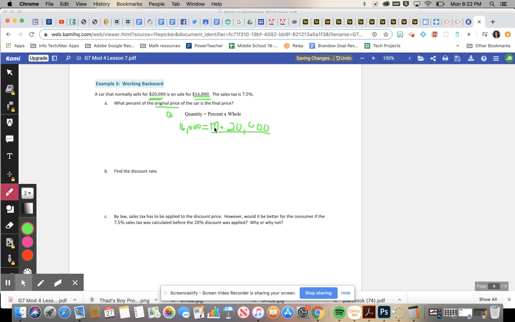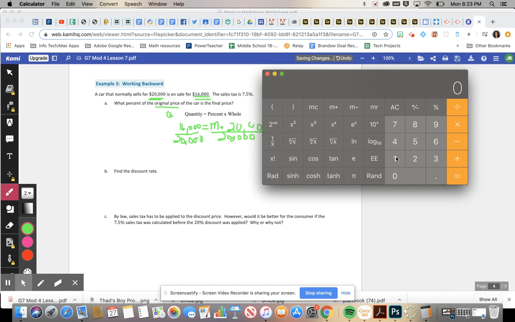Since I'm multiplying, the inverse operation is to divide by 20,000, and divide this side by 20,000. Okay, so let's do that real quick. We have 16,000 divided by 20,000 equals 0.8.